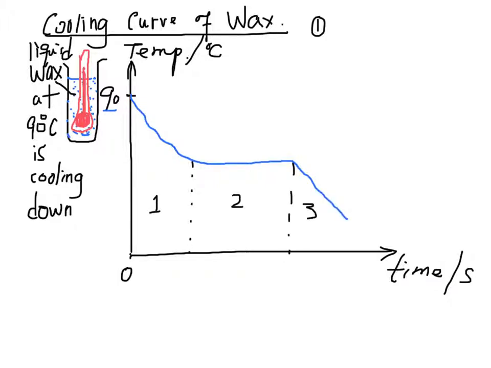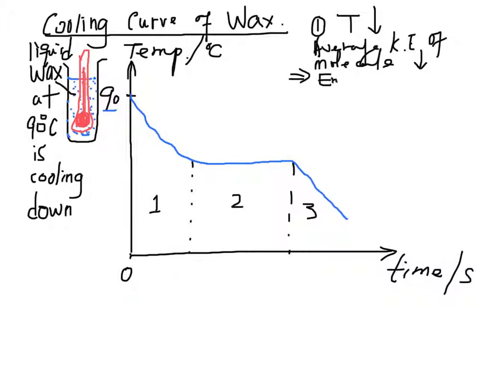In the first region, the temperature of the wax decreases. Therefore, the average kinetic energy of the molecules inside the wax also decreases, implying that energy is released from the wax to the surrounding.